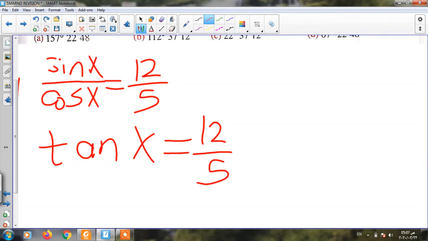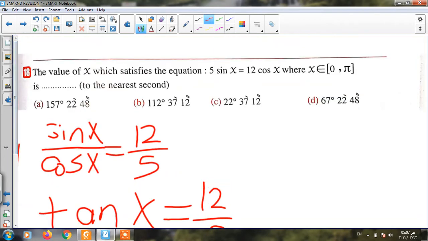If you look here, the tan is positive in the first quadrant, where sine and cosine have the same sign. He's telling that x belongs from 0 to pi. It means we are in the first and the second quadrant. You know that in the second quadrant the tan is negative, but the tan is positive here. So we are in the first quadrant. Take care of the quadrants.